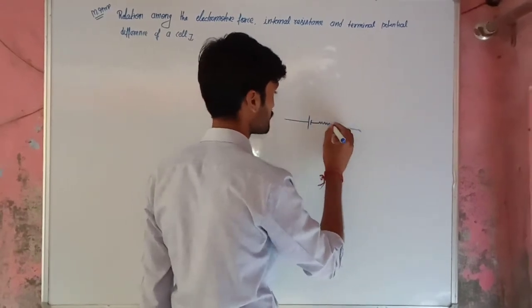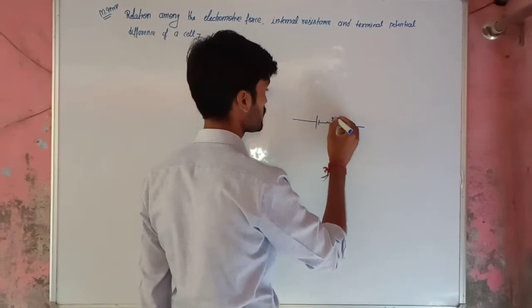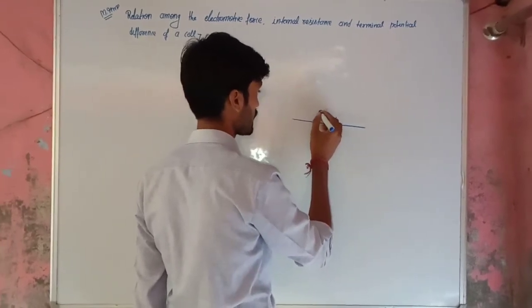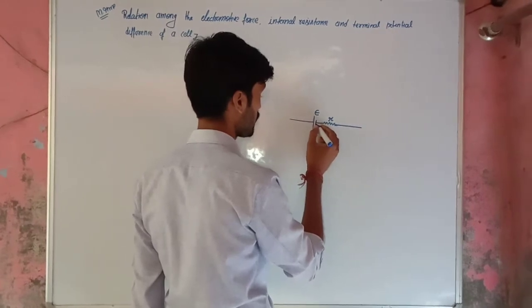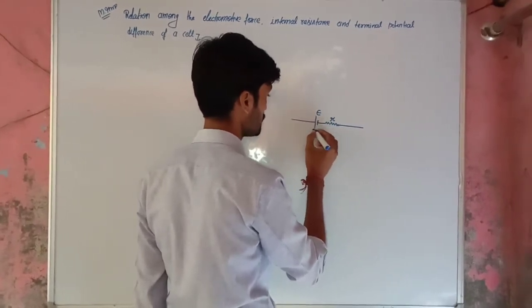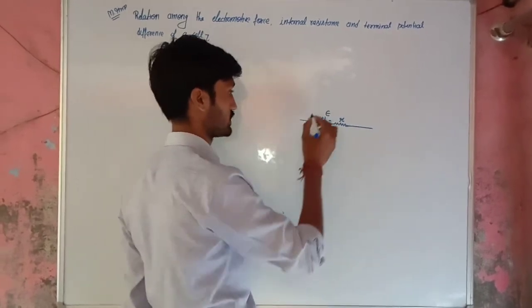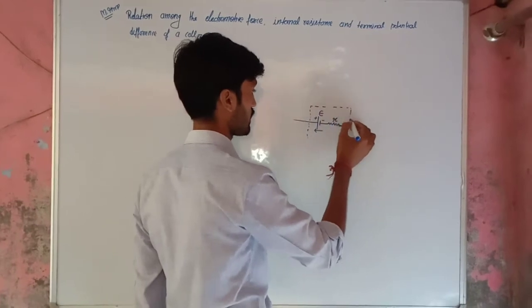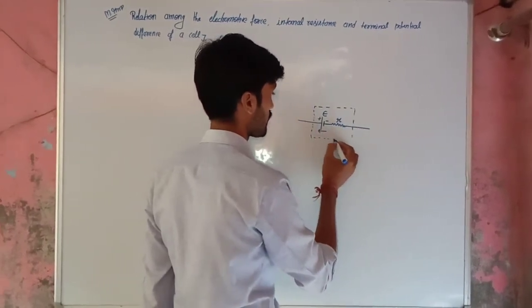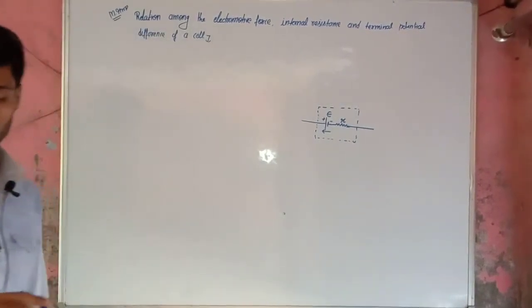The internal resistance of this cell is small r and the EMF is E, which is directed from negative potential to higher potential. As you know, this is higher potential and this is lower potential, and it is enclosed in a dotted box.